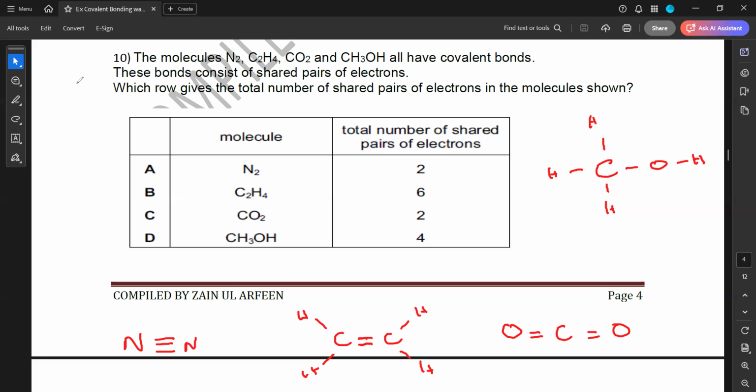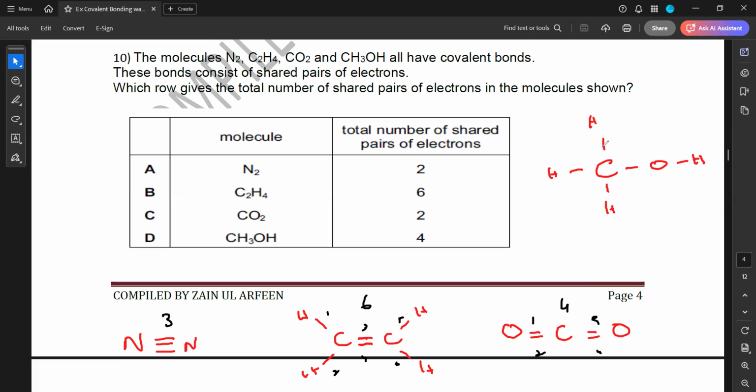So when we check the options, N2 means how many pairs, because we need the total number of shared pairs of electrons. A pair means two electrons together. So one line represents one pair. How many pairs are there? 3 pairs. This one, 1, 2, 3, 4, 5 and 6 pairs are there. For this one, 4 pairs.